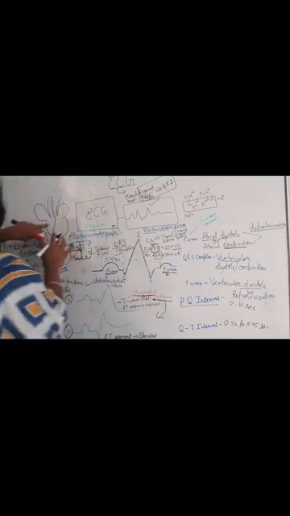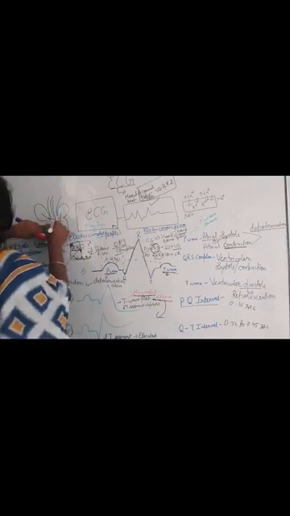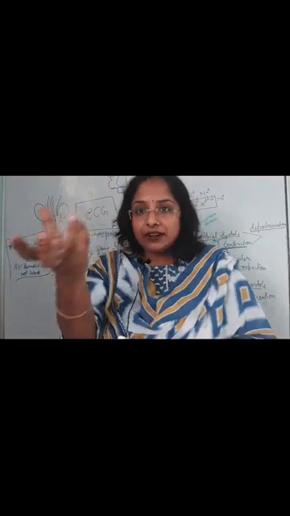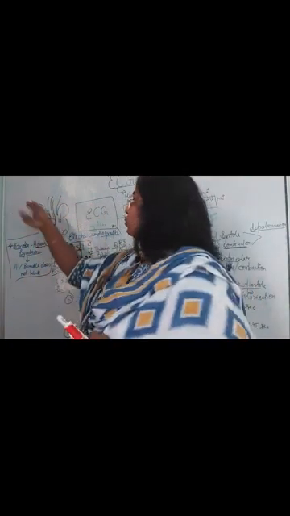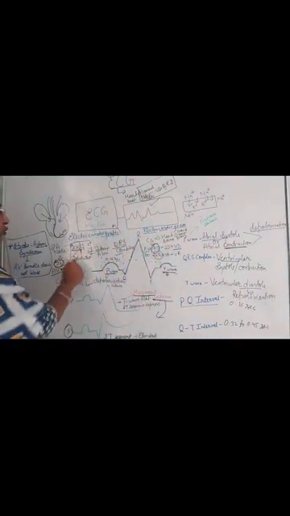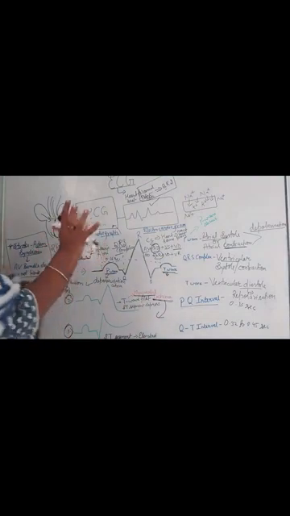So when the impulse passes from the AV node into the AV bundle, the AV bundle is further differentiated into Purkinje fibers in the ventricle. Why are Purkinje fibers associated with the ventricle? Ventricular systole is also required. After atrial systole, conduction must also happen in the ventricular systole, only then will the whole cardiac cycle be complete, and only then will the pulse be generated. So through the Purkinje fibers, the impulse goes into the ventricles, from where the ventricles will contract.